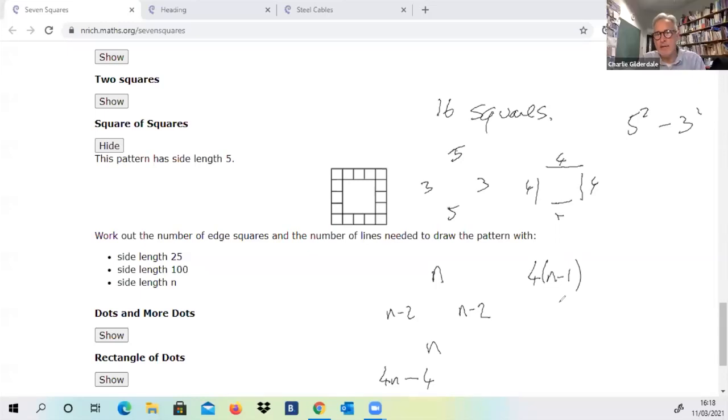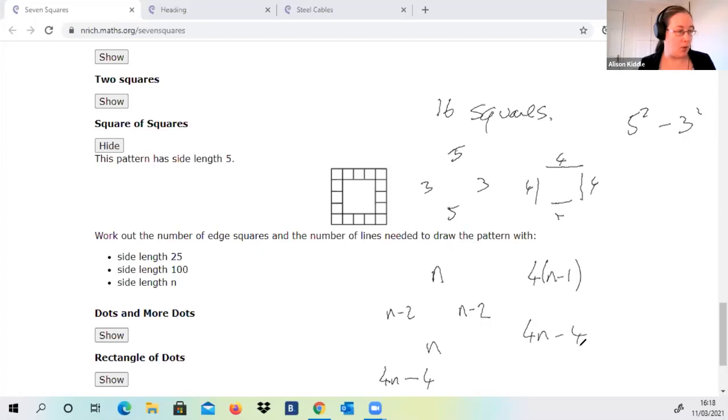And I can see why that is, because every straight edge that I have is going to contribute one of the squares, but not both. Sorry, one of the corners, but not both. So I guess another way of looking at it would be that it's 4 times n, but then take away the 4 corners that you've counted twice.